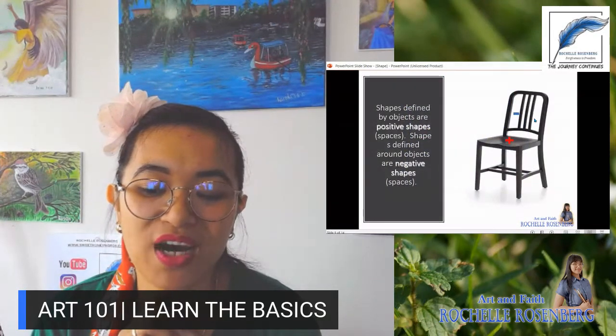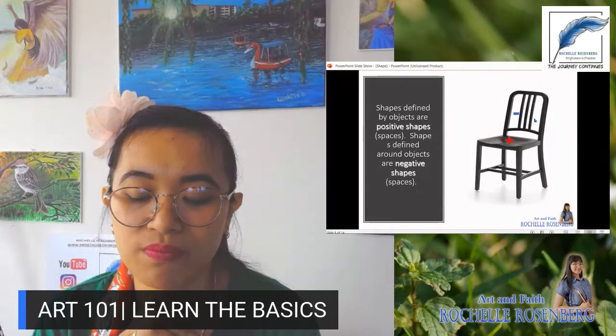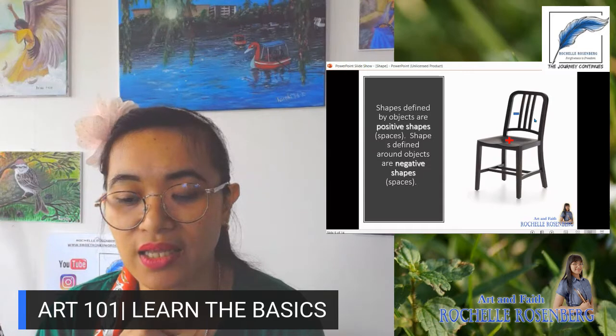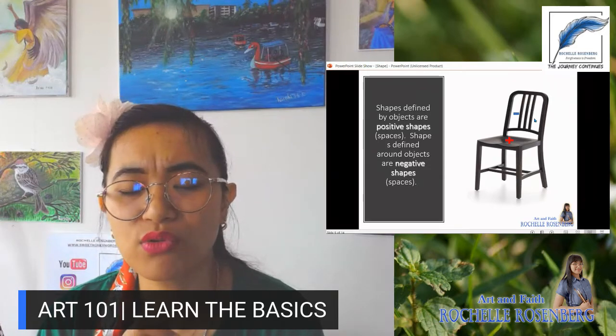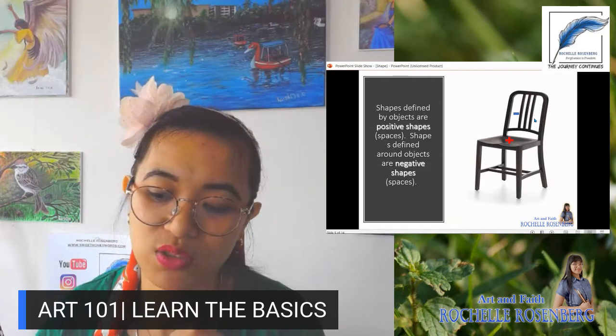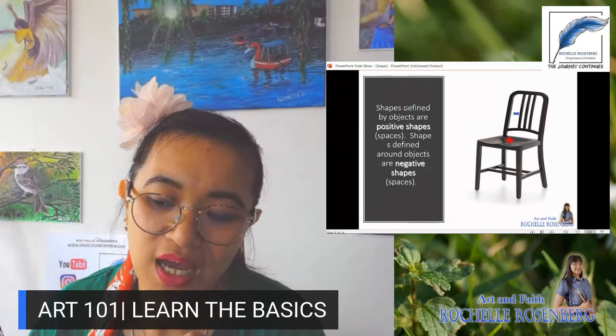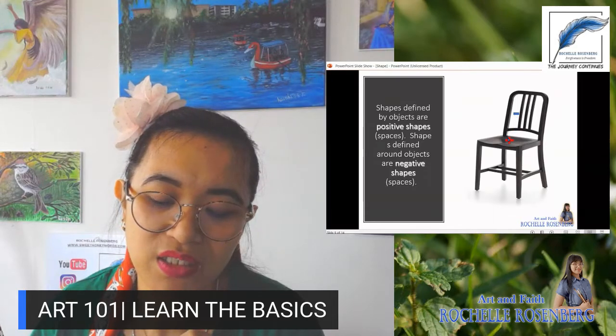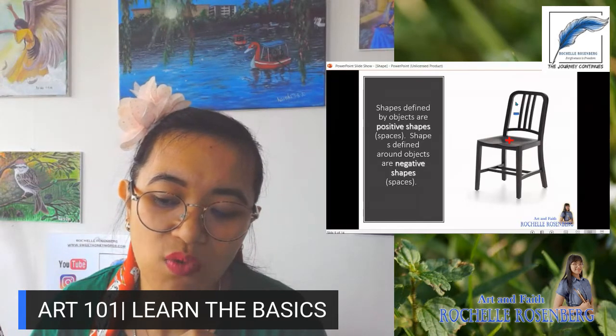Shapes defined by objects are positive shapes, and shapes defined around objects are negative shapes, which are spaces as well. You can see that I have marked negative in blue and positive in red. The negative ones are the spaces.